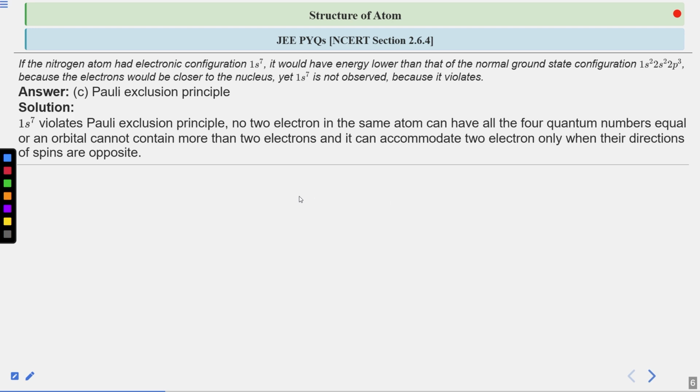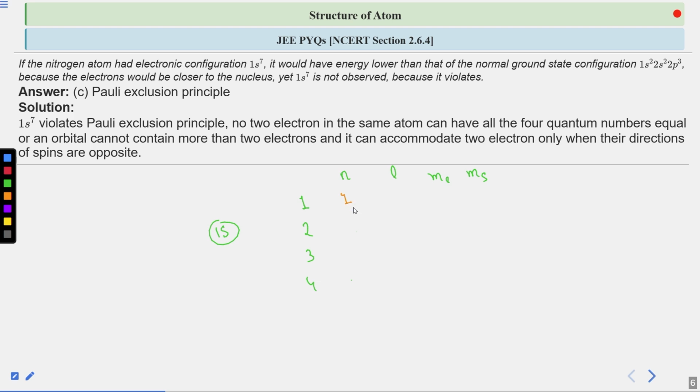Suppose I am taking it for the first, second, third and fourth electrons of the 1s. Then I am writing the n value, l value, ml value and ms value. For the first electron, if it is lying in the 1s, the n value will be 1 for all of these, because all are lying in the first shell.